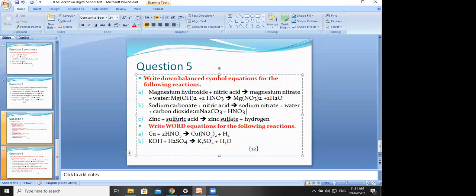What do we get? I'm not sure about the first one, but I know there is carbon and oxygen. Carbon dioxide. Right? Carbon dioxide plus water.